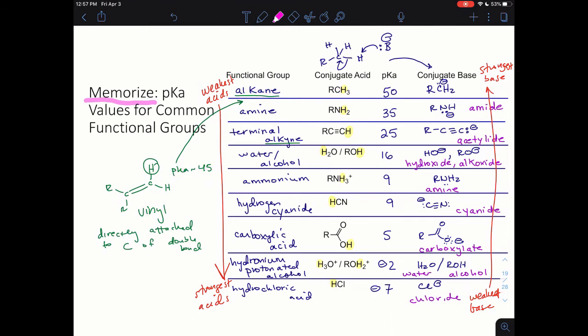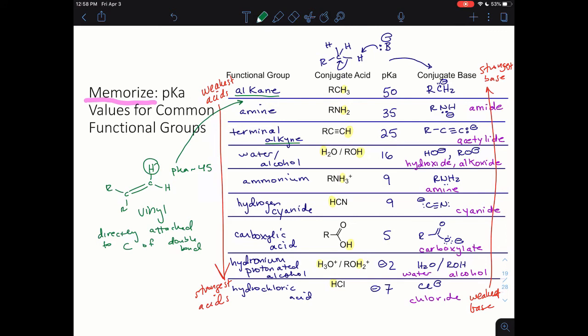We will talk more about trends later, but I will point out that the terminal alkyne is 20 to 25 orders of magnitude more acidic than the alkane and the alkene, and we'll be thinking about why that is later as we continue our discussions.